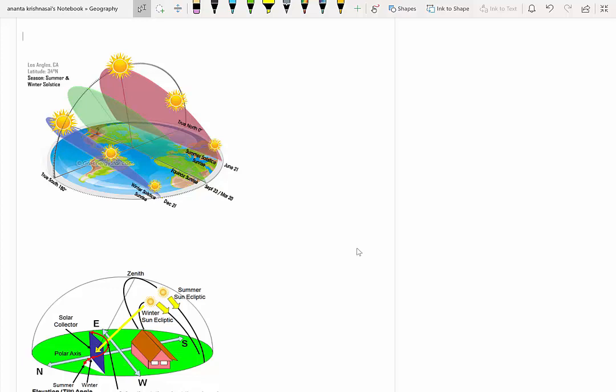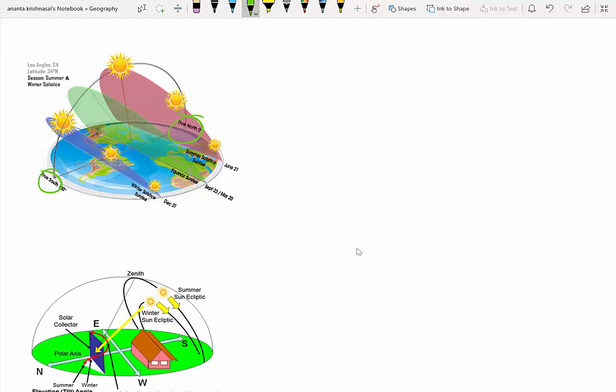This is what has been measured in terms of the altitude of the Sun. If I take into consideration both the solstices and the equinox, if you observe this picture, this is the true south and this is the true north, and we find the apparent movement of the Sun for an observer on the surface of the Earth.